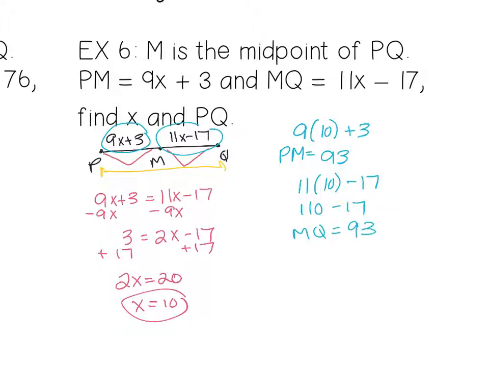And again, I didn't really have to do all of that work, but I just wanted to show you how it works. And then 93 plus 93 is 186. So PQ equals 186.